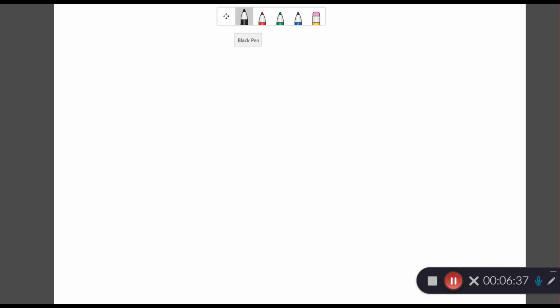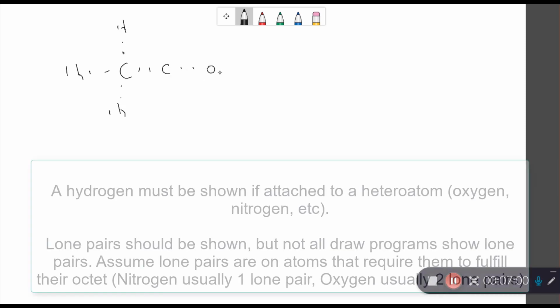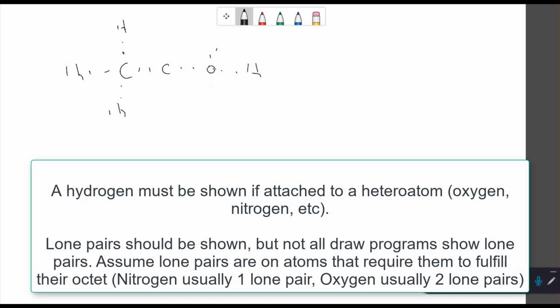So let's take, for example, ethanol. Actually, let me start right from the Lewis structure. So I got a carbon, all right.